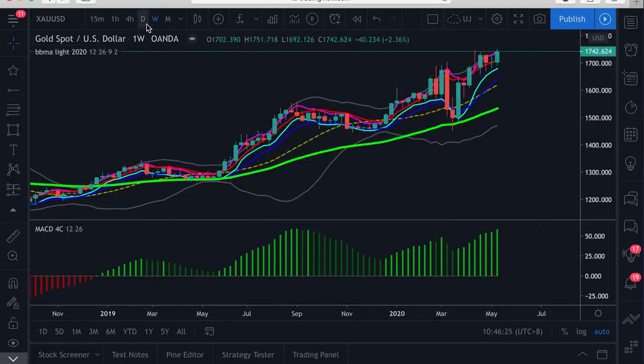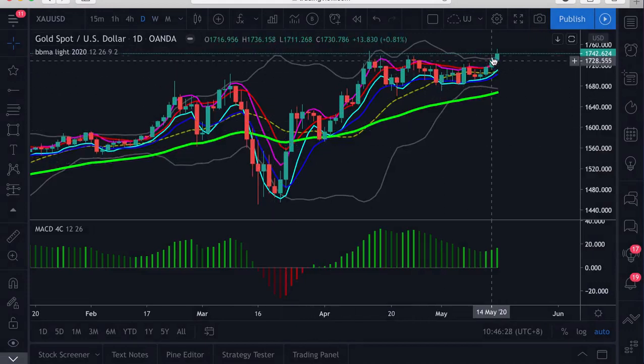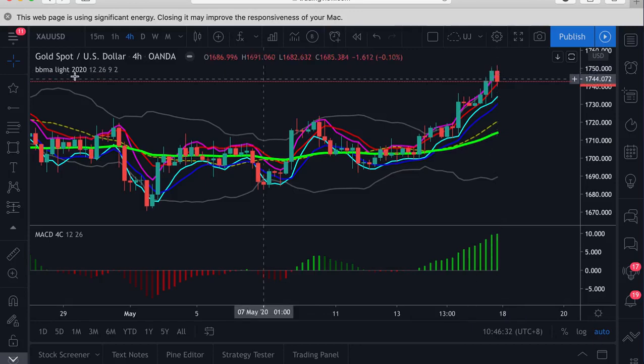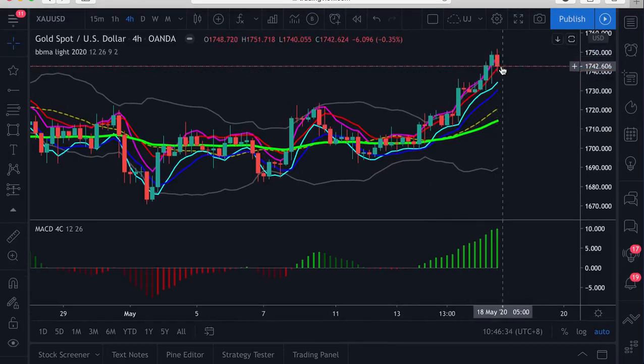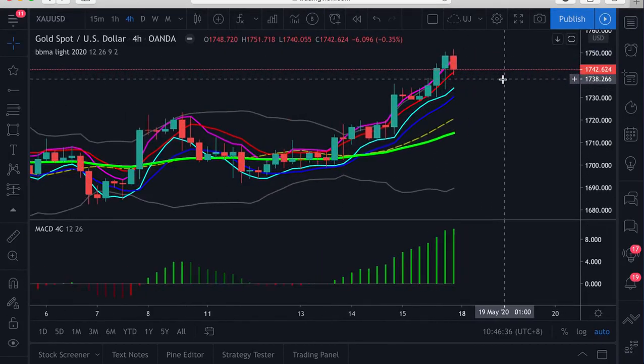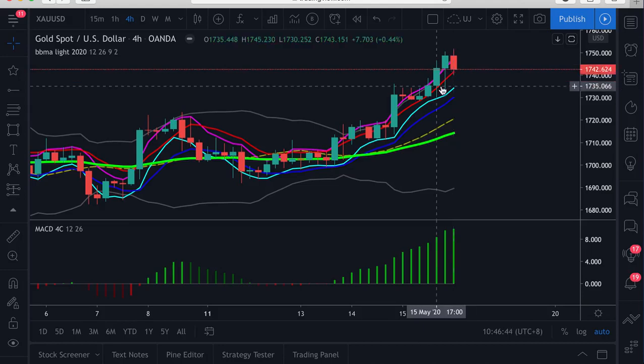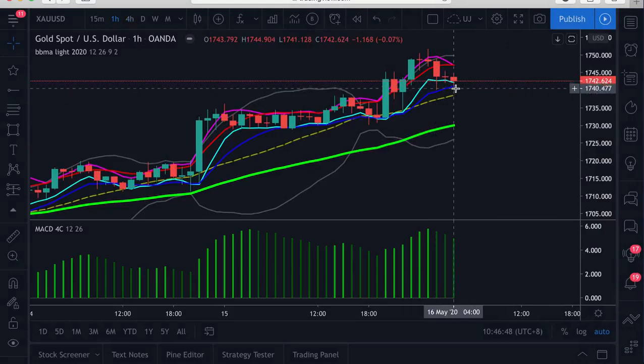Okay, on daily we can see a CSM buy. On H4, it's like it's extreme, no, not yet. Last candle was MHV sell, and on H1 of course it's a MHV sell.